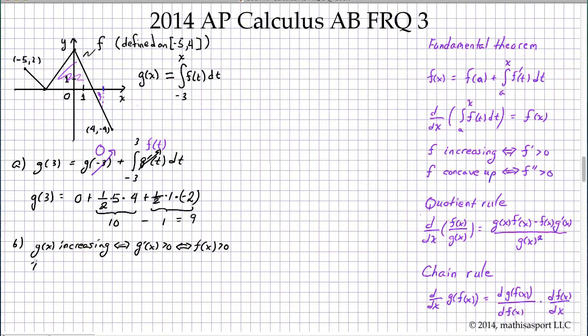Okay, so where does that occur? This occurs when, all right, where is f greater than 0? From -5 to 2. When that inequality is satisfied. Okay. Now, what about g concave down?